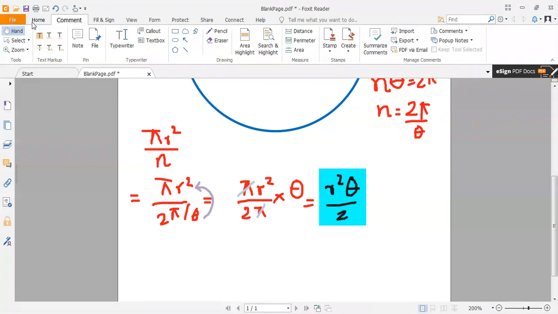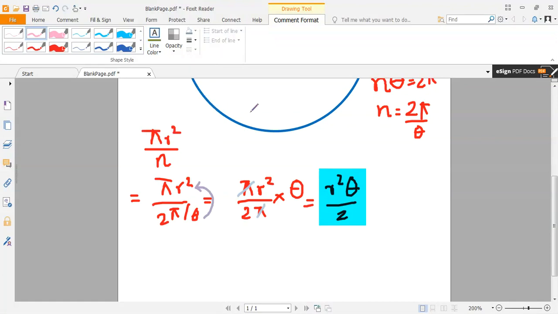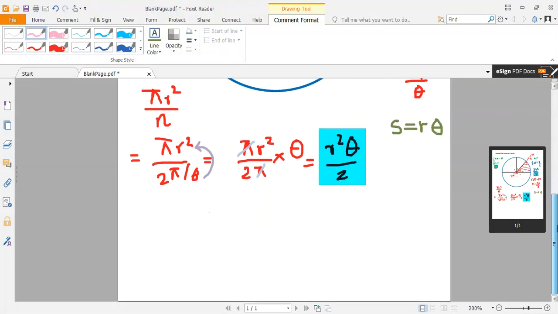Now, if you know this expression, there is this other expression that we know. If I use a different color, let's say green, we know s equal to r theta. If you don't know, I'll go over it in brief.